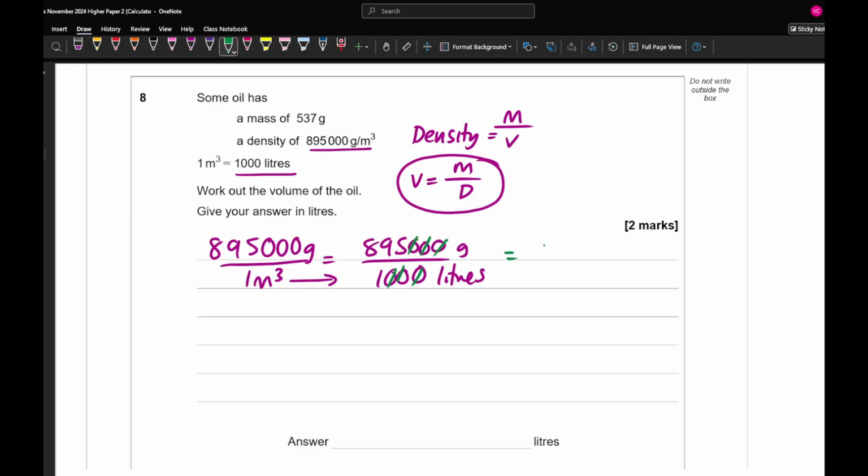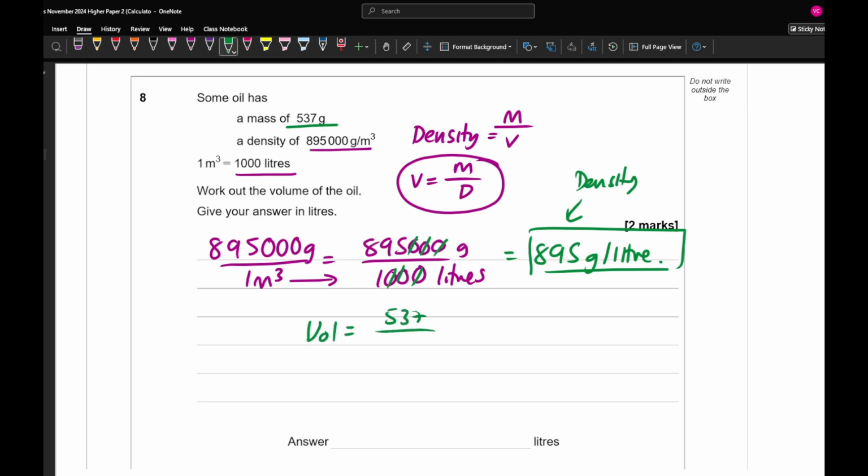So that's going to equal 895 grams per litre. Now, using this as our density value and our mass as being 537, the volume is going to be 537 divided by 895, which, if I type that into my calculator, gives me an answer of 0.6, and that's in litres.